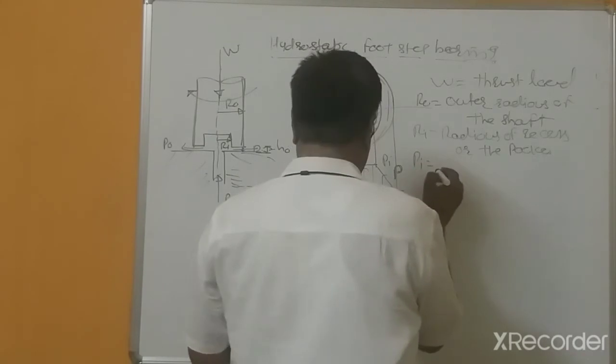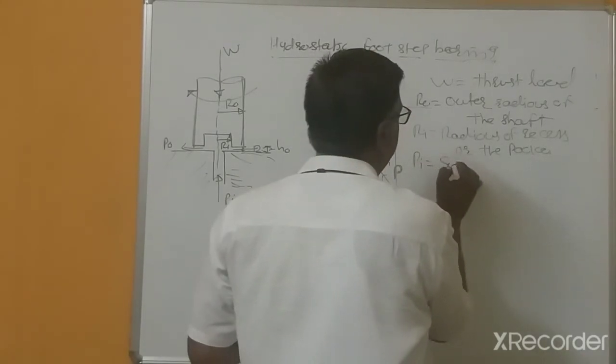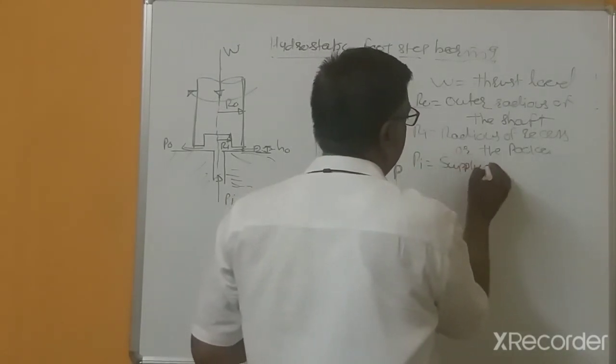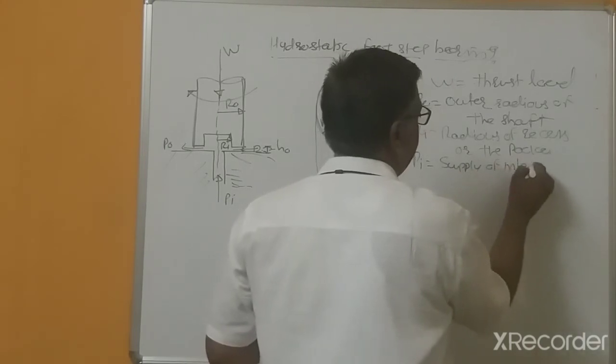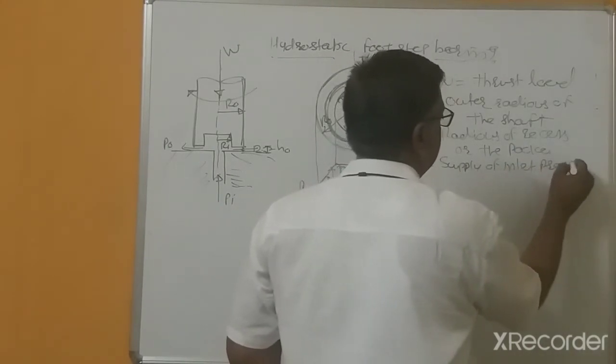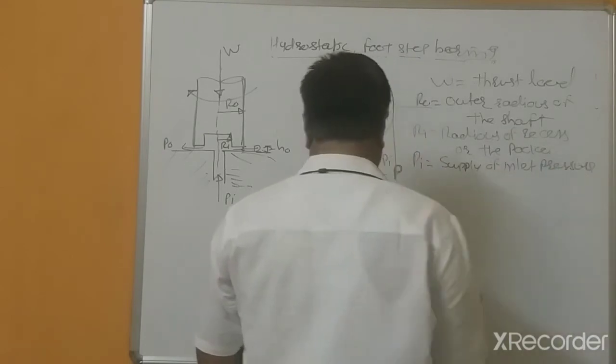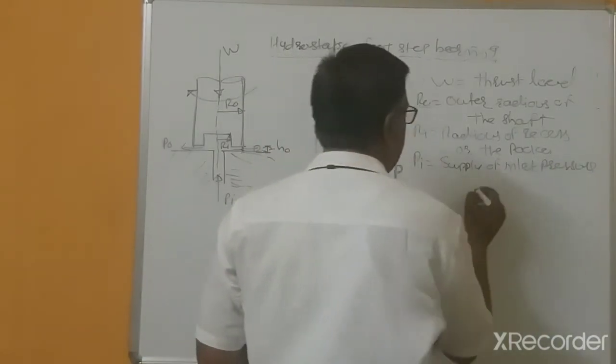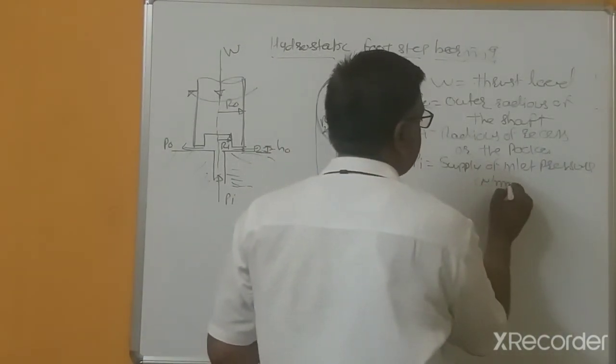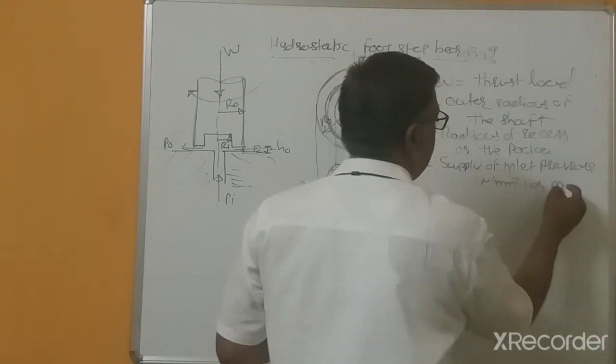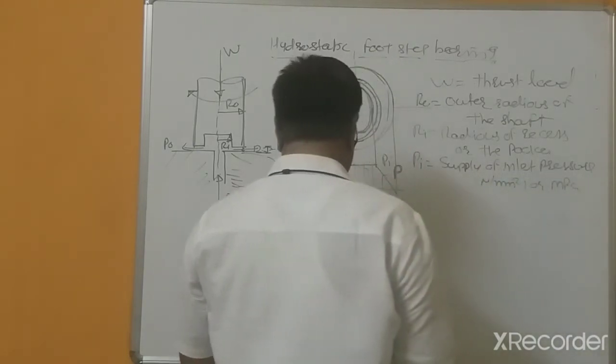PI is the supply or inlet pressure, in Newton per mm squared or megapascals.